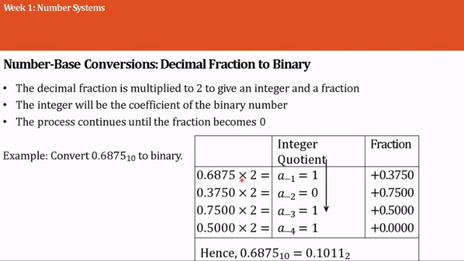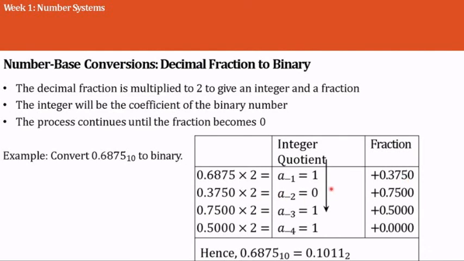First, we multiply this value, 0.6875 times 2, which is equal to 1 with a fraction of 0.3750. Again, it will be multiplied by 2.